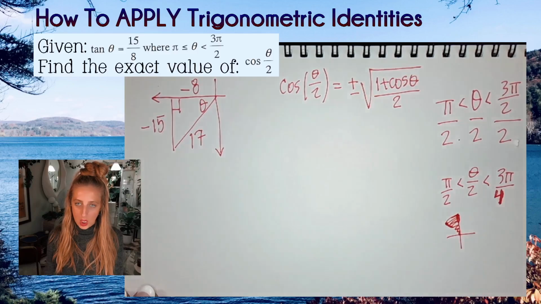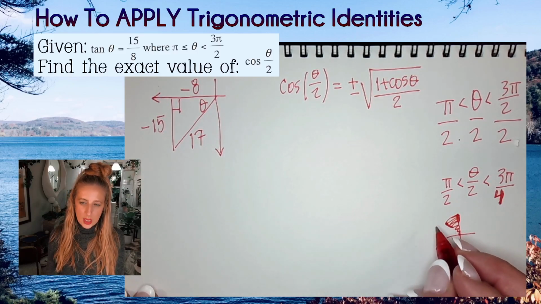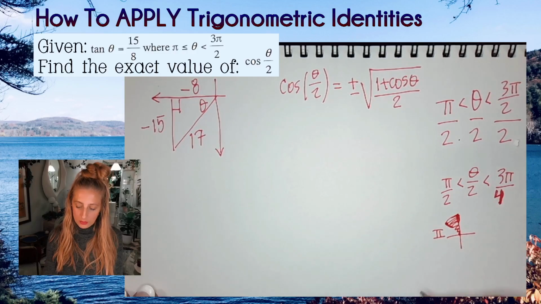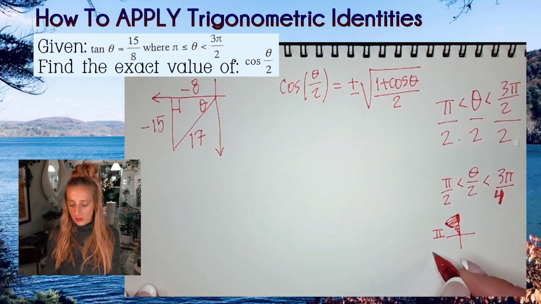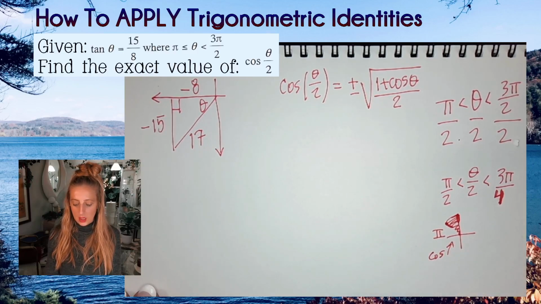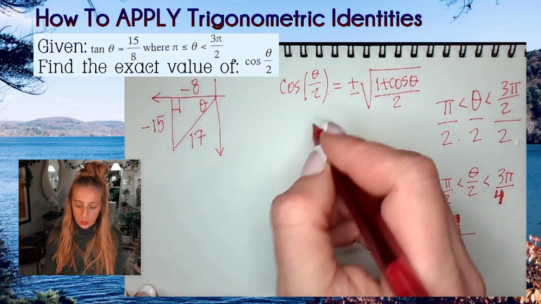So it's somewhere in there. That's quadrant 2, the first half of quadrant 2. Is cosine positive or negative there? Cosine is negative there. So that means my final answer will be negative.